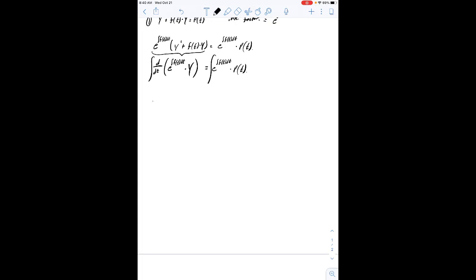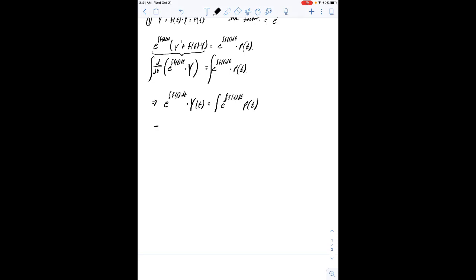So now we get e to the integral of f of t dt times y, and our y is a function of t, is equal to the integral of e to the integral of f of t dt times p of t dt.